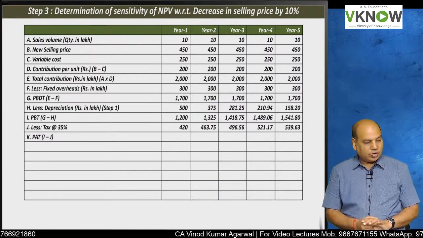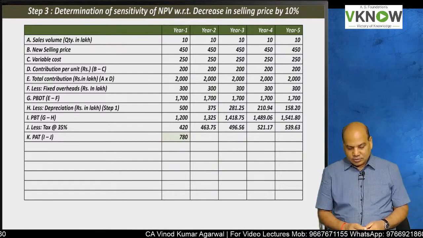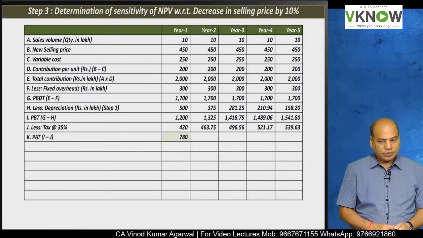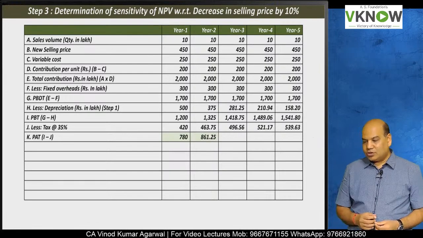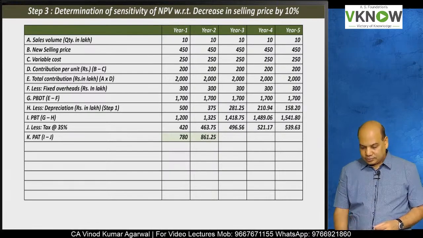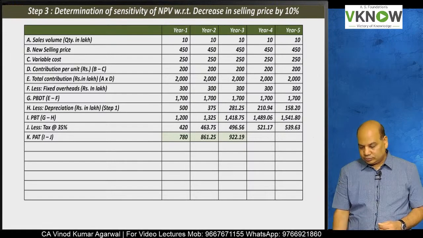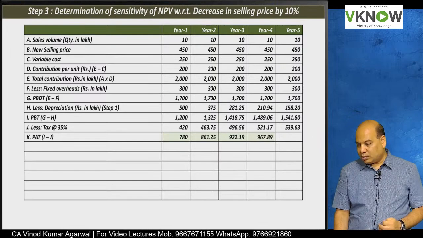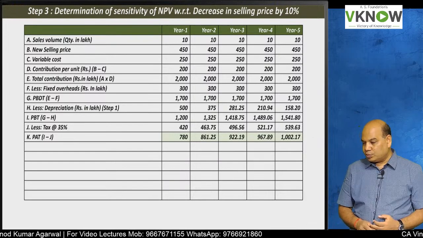Yes. Now write PAT, I minus J. PAT, write down 780, 861.25, 922.19, 967.89, 1002.17.